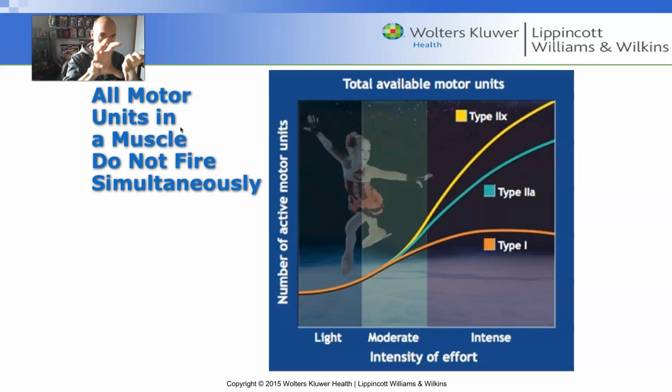They kind of alternate back and forth. I can only do that if my force production is sub-maximum. Now, if it's maximal force production, they are all going to fire simultaneously, and that's why you can't sustain maximal force production as long as you can sub-maximal force production, okay?